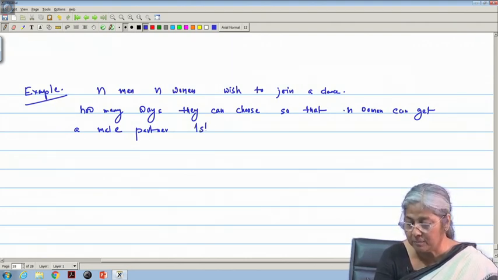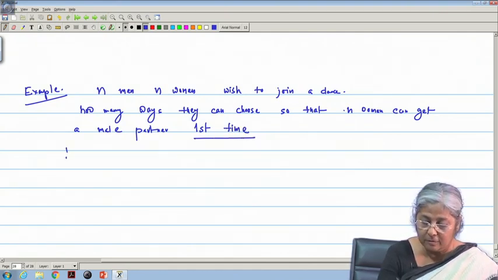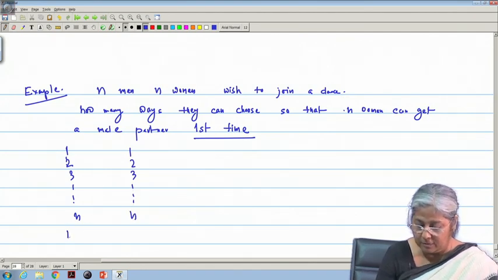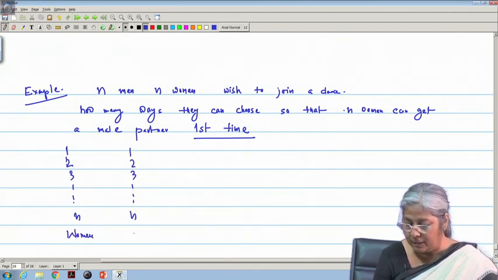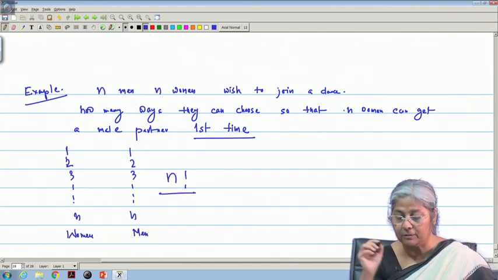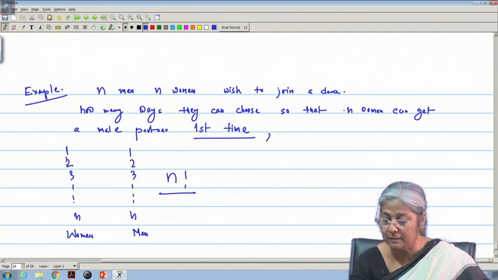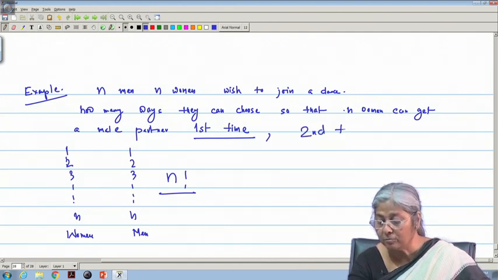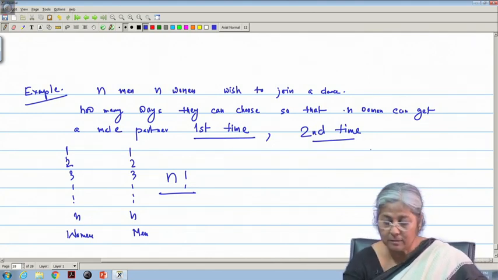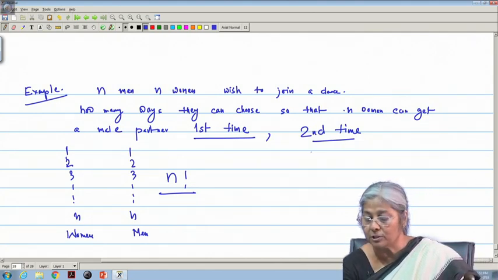If it is the first time, we remember I have 1, 2, 3, up to n women and also 1, 2, 3, up to n men. There is no restriction, so there are n factorial ways the first time they can get partners. Now, if the second time we want, the restriction is that everyone has to change the partner.